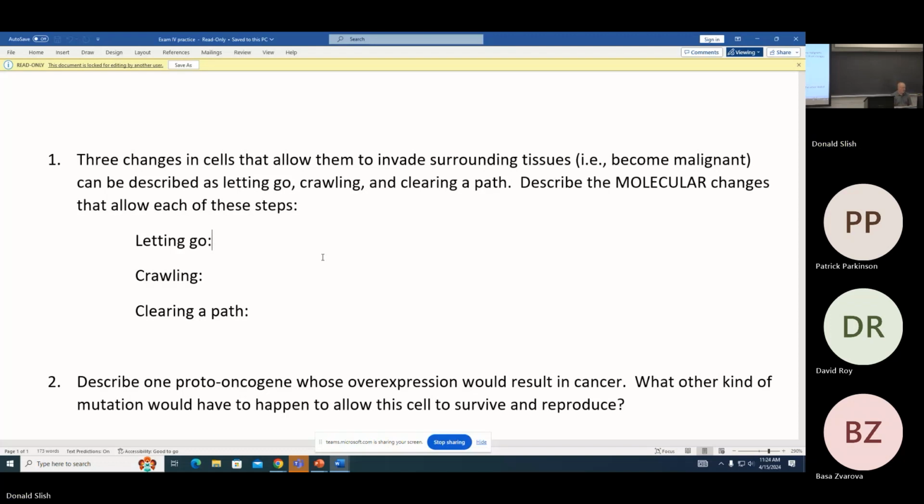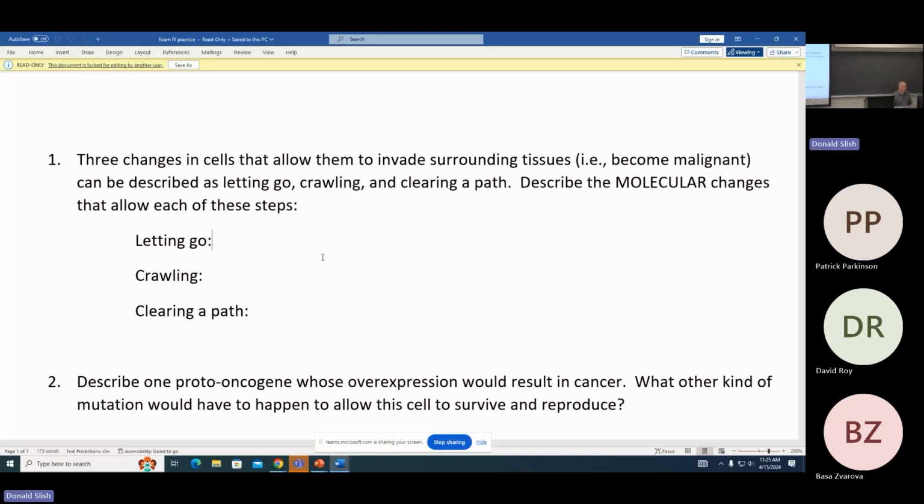Okay, crawling. Who wants to crawl? I think that involves the reorganization of the cytoskeleton, like RAC, RHO, CDC42, and particularly the actin cytoskeleton, and then the regulation of actin binding proteins like filamin and gelsolin.